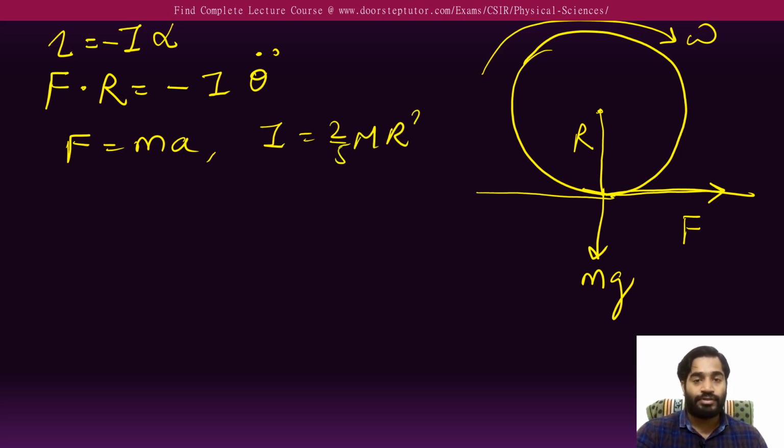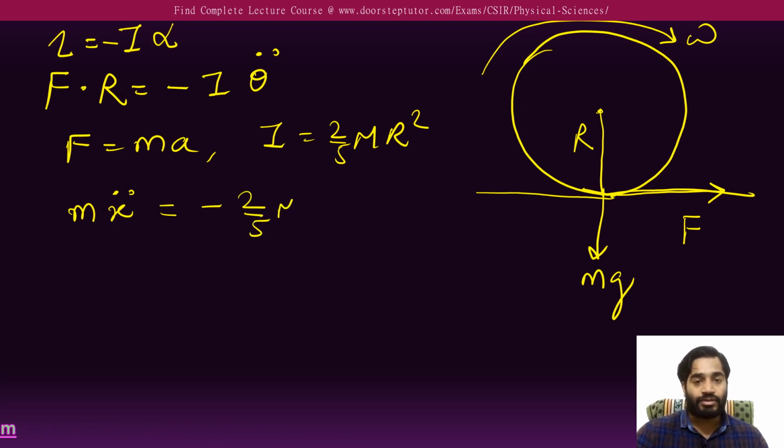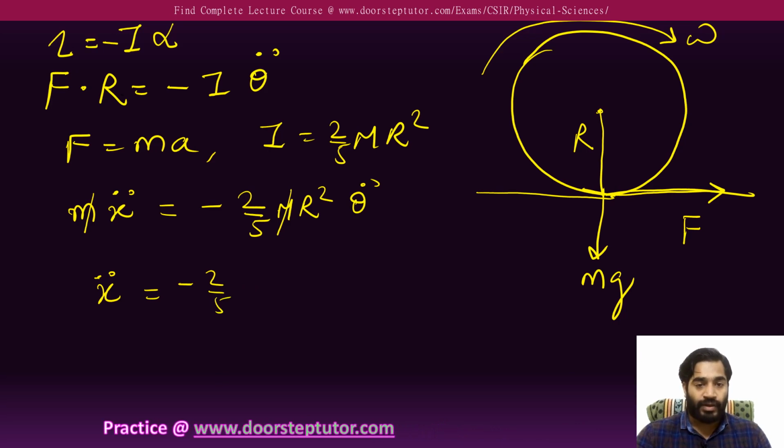If I put these values, I get ma, and can I write a as x double dot? So m x double dot equals minus 2/5 m r squared theta double dot. The mass m of the sphere cancels out, and we remain with x double dot equals minus 2/5 r squared theta double dot.